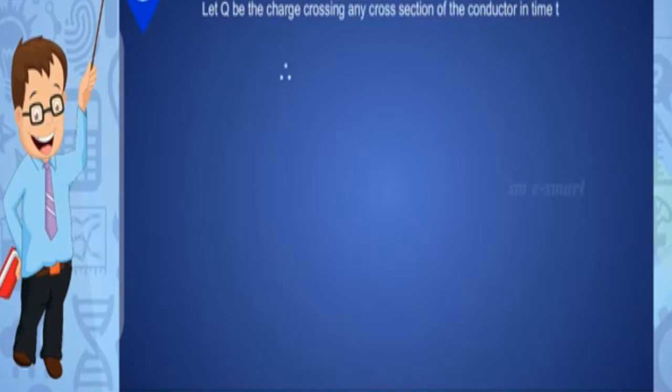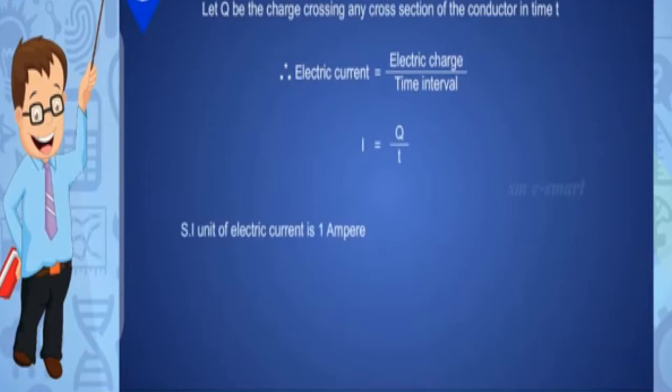Therefore, electric current equals electric charge divided by time interval. I equals Q by t. The SI unit of electric current is 1 ampere equals 1 coulomb per 1 second, denoted as 1 A equals 1 C by s.